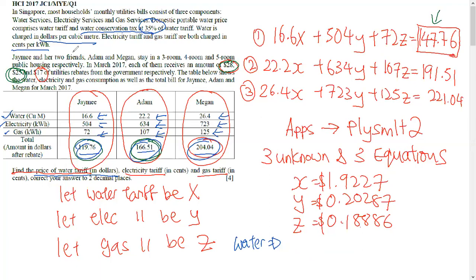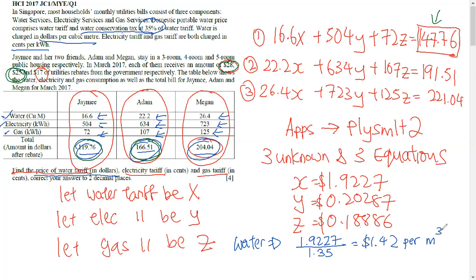So to get the water, we use 1.9227 divided by 1.35. In this case, you will get $1.42 per cubic meter, so per meter cube.